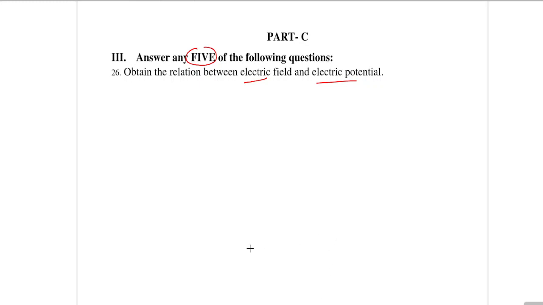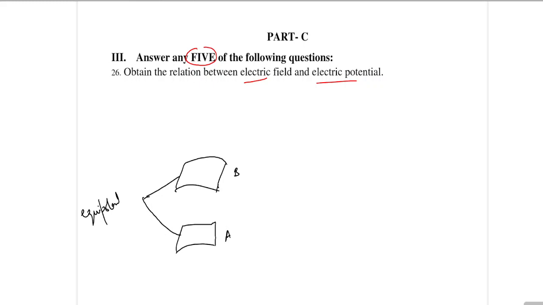What is given in most books is like this, where there are 2 surfaces taken. Let us call this a surface B, and also a surface A. So A and B are 2 equipotential surfaces, which means the potential on A is the same and the potential on B is the same.